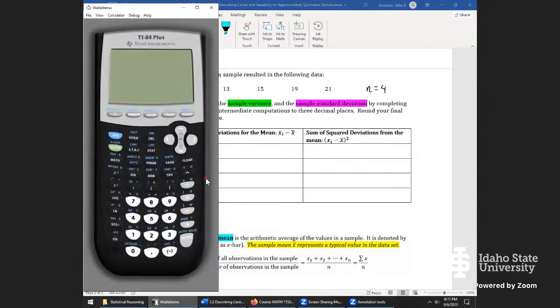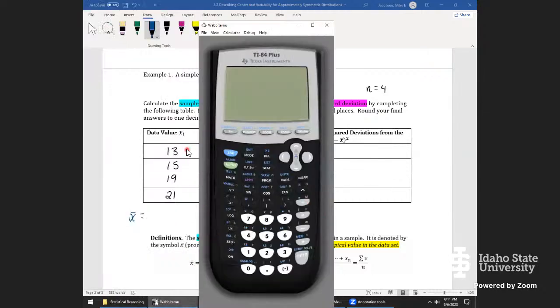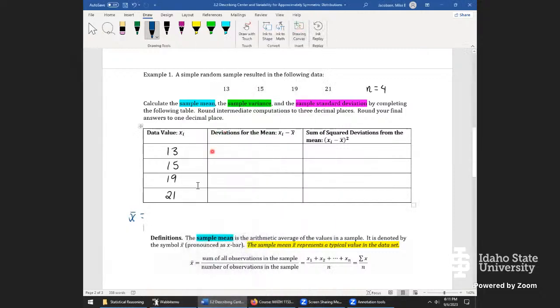We definitely don't want to do everything by hand. That gets extremely tedious after a moment. So we'll add these up in the calculator. So I've got 13 plus 15 plus 19 plus 21, and our sum comes out to a value of 68 altogether. So let's drop that in.